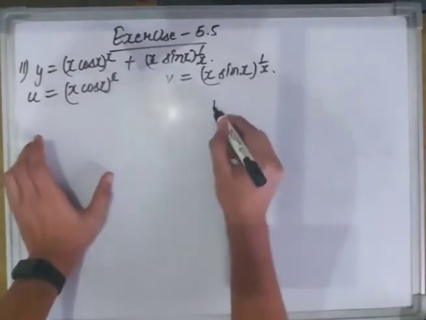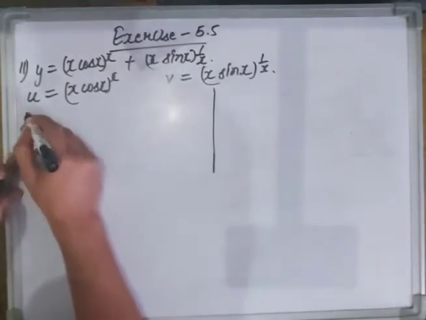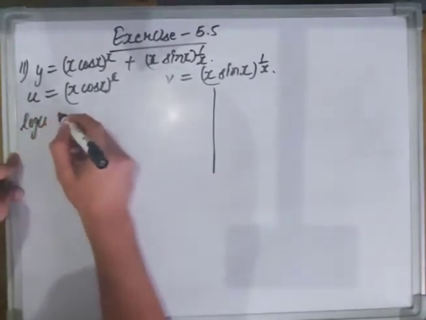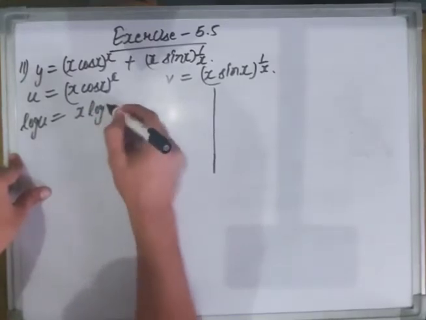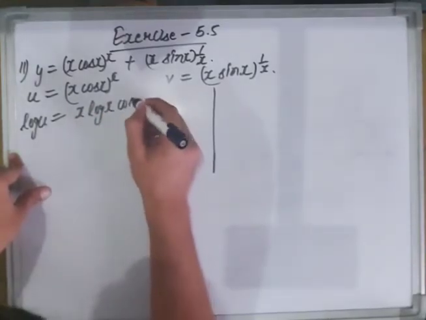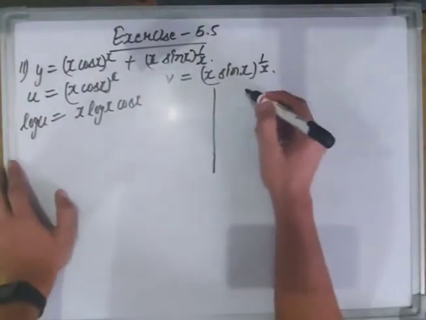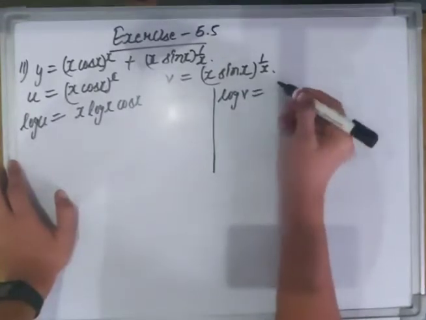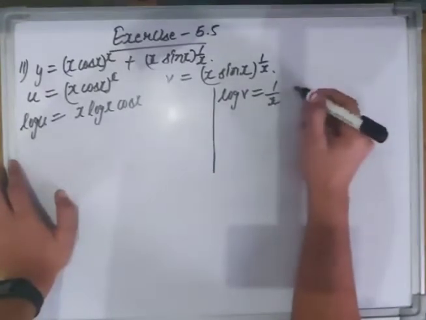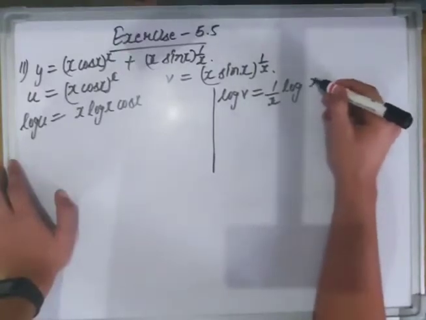Taking log both sides, we have log u equals x log x cos x. The same thing here, we have log v equals to 1 upon x log x sin x.